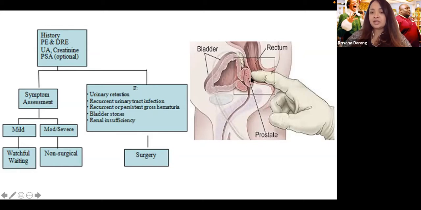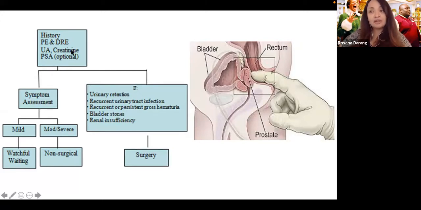And we can check for enlargement of the prostate, its consistency, if it's hard or soft, and if it's tender. That's one way of diagnosing. This, by the way, becomes part of the annual physical of a male once they turn 50, or earlier if, again, they show signs and symptoms. We can also do a urinalysis because, again, we want to rule out a UTI over BPH or testicular cancer.